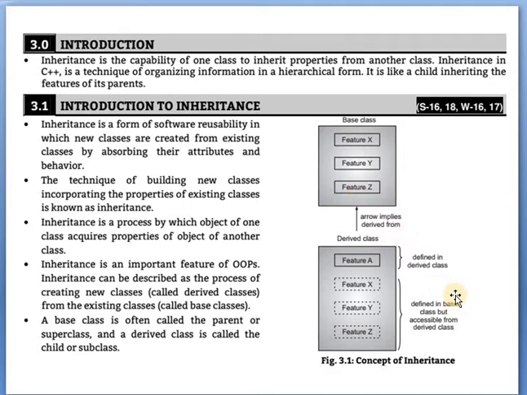A base class is often called the parent or superclass, and the derived class is called the child or subclass. This is a base class, also called parent class or superclass, and this new class derived from it is known as a child class or subclass.